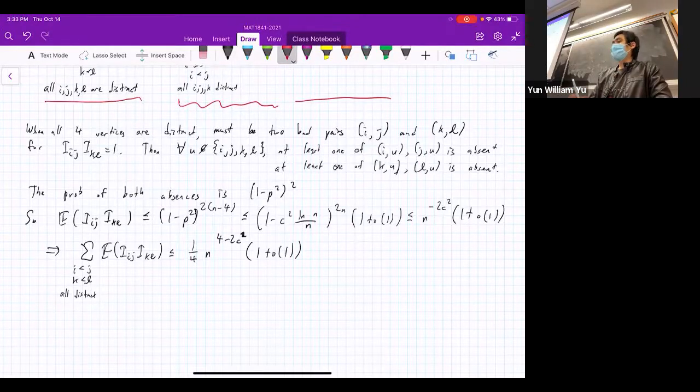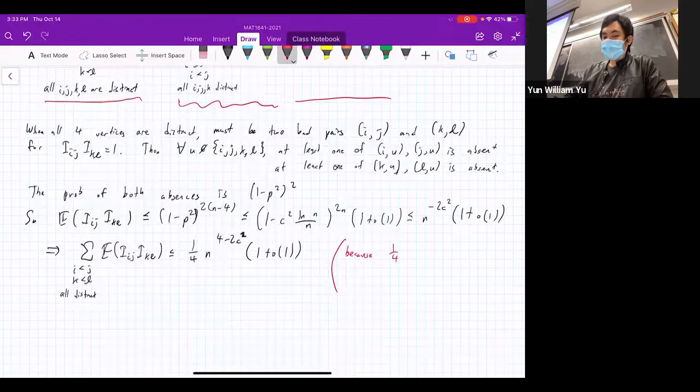Does anyone know why we have the 1/4 there? Or did I go through these approximations too fast? So the reason for the 1/4 is because roughly 1/4 of the n to the 4th 4-tuples have i less than j and k less than l.